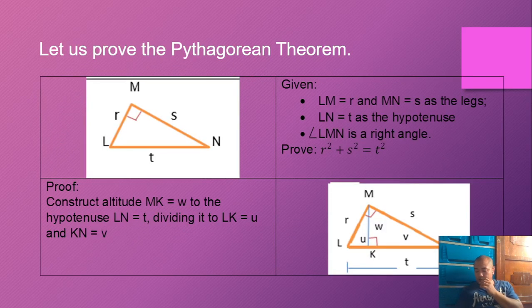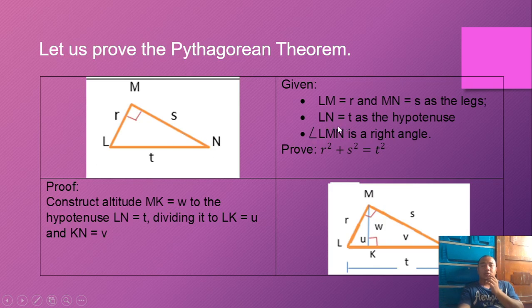Let us now prove the Pythagorean theorem. Let us have here a right triangle LMN with sides r, s, t. Given LM is equal to r, MN is equal to s, these are the legs.